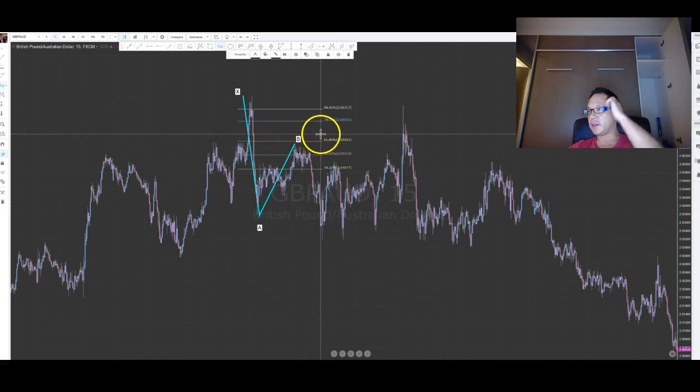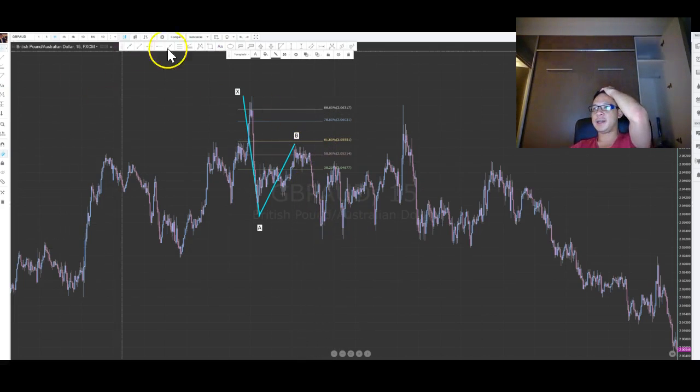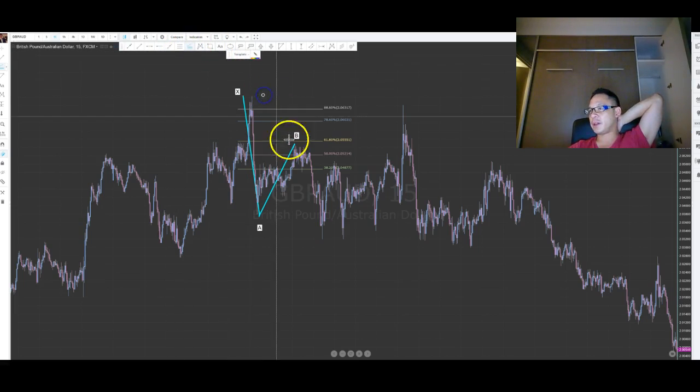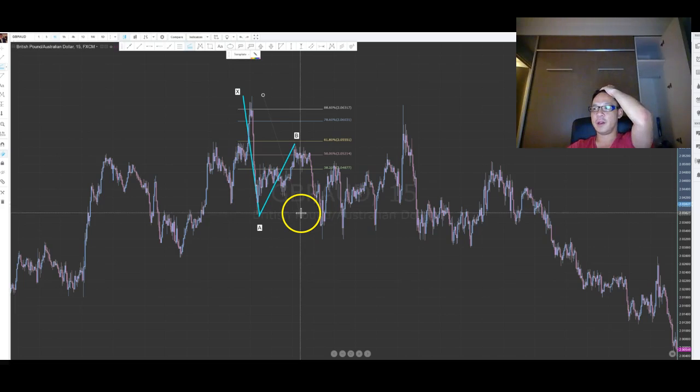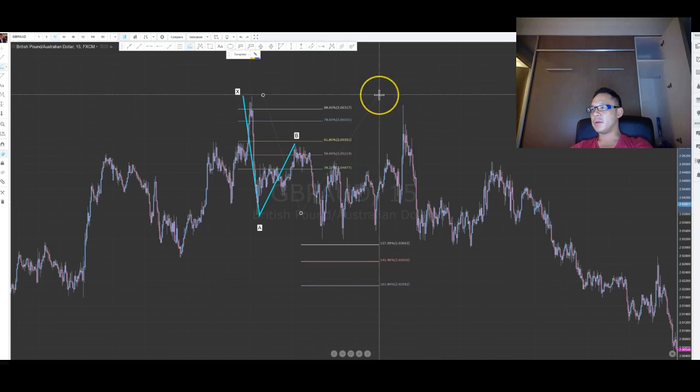Now the rule for the B to C leg is that it can at least touch the 127.2 and 141.4, but cannot close beyond the 141.4. So there, the Fibonacci extension from the swing high, which is the X leg in this case, to swing low.